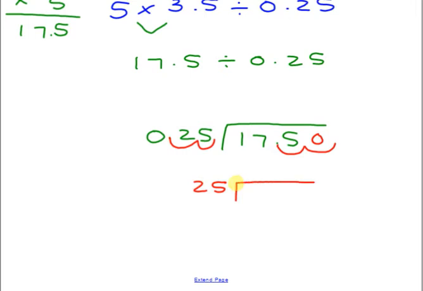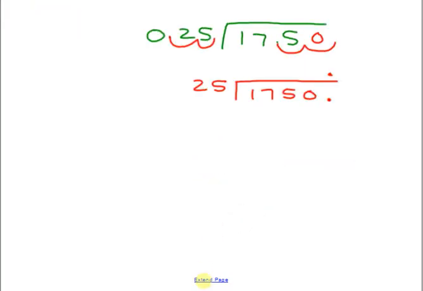25 on the outside, 1750 decimal on the inside, and bring it to the roof. And I'm going to go ahead and solve. 25 goes into 1 0 times. 0 times 25 is 0. Subtract. 1 minus 0 is 1. Bring down the 7. 25 goes into 17 0 times. 0 times 25 is 0. Subtract. 17 minus 0 is 17.